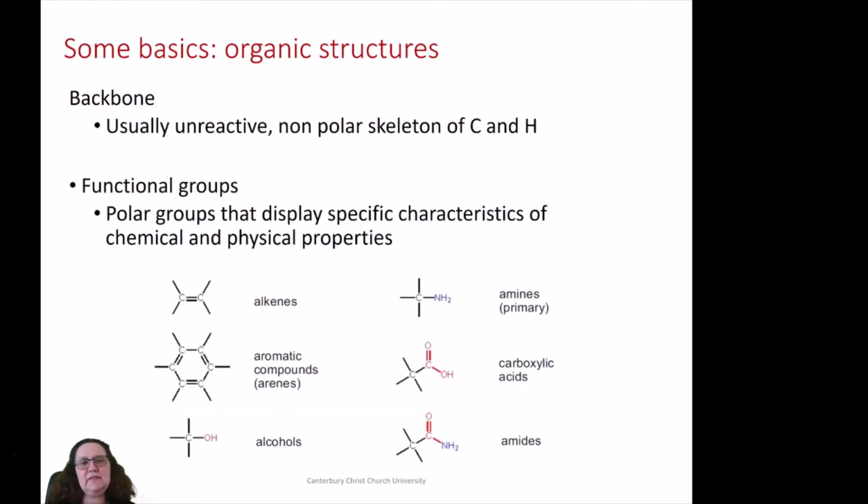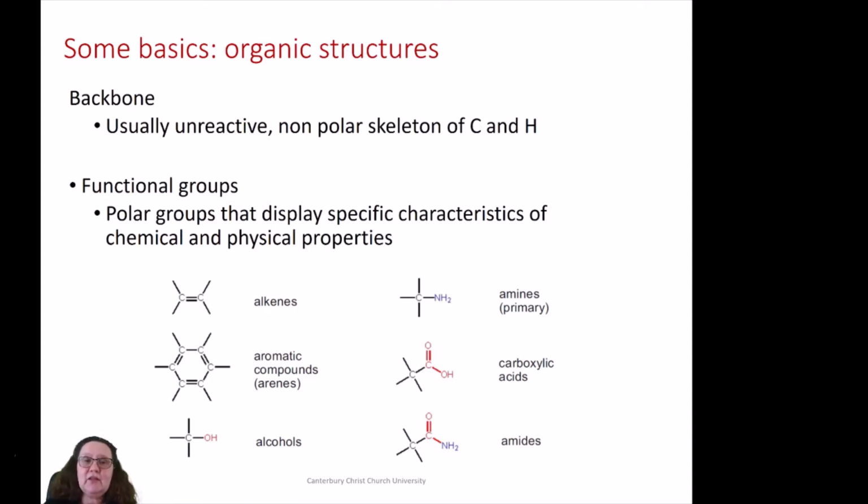In the next few slides, I'm going to have a brief overview of some key concepts in organic chemistry. When we look at an organic compound, we look at the backbone of the compound and the functional groups of that compound. The backbone is the skeleton of carbon and hydrogens that make the basis of that compound, which is usually unreactive.